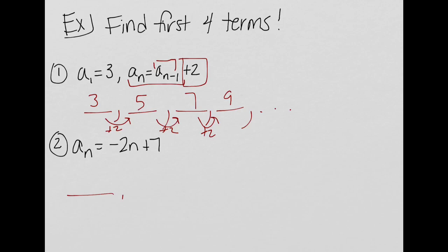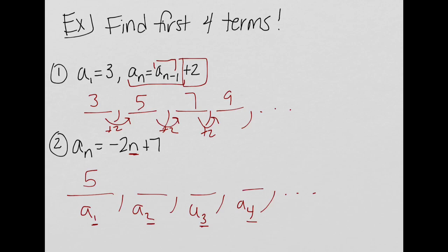Alright, and then this next one we want 4. They didn't give me the first term this time, but think about what we're saying n is. We want a sub 1, a sub 2, a sub 3, a sub 4. So n here is 1, n here is 2, 3, and 4. So all we've got to do is plug and chug. If I plug 1 into n right here, negative 2 times 1 is negative 2, plus 7 is 5.